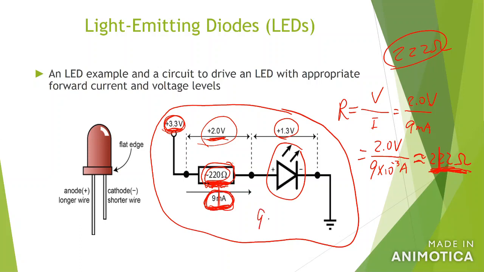To drive an LED, the current must be less than or equal to 9 milliamps. If the current is over 9 milliamps, you will burn the LED, and you don't want to burn the LED. That's why you have to use a resistor to limit the current. So this is how you can connect an LED to the circuit.